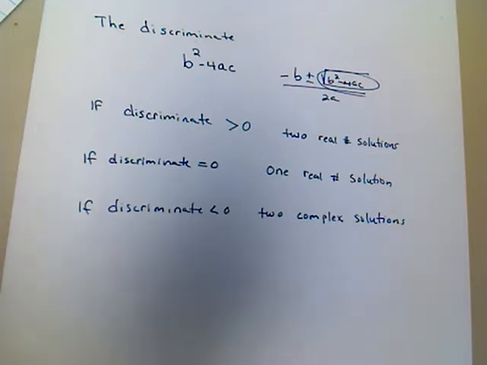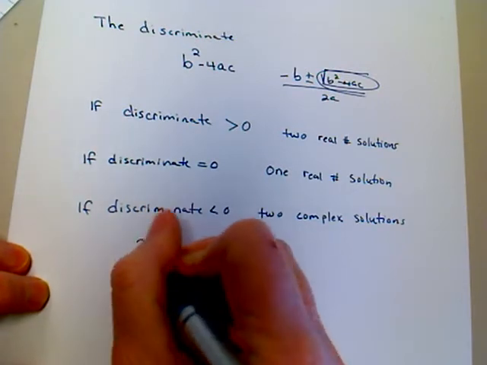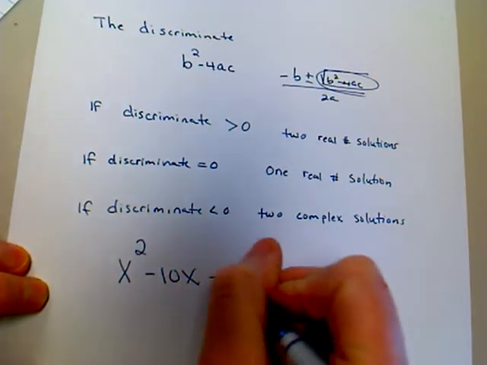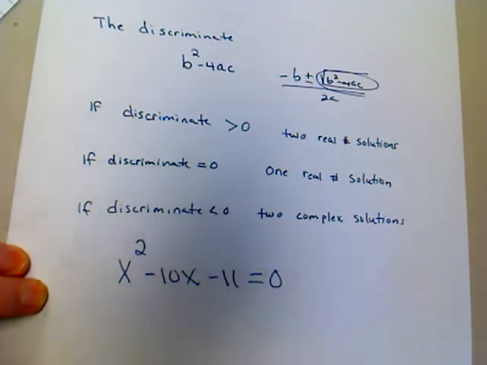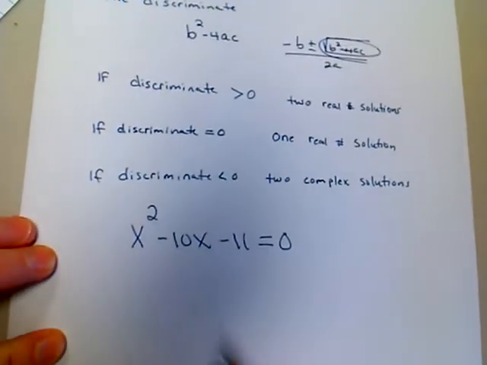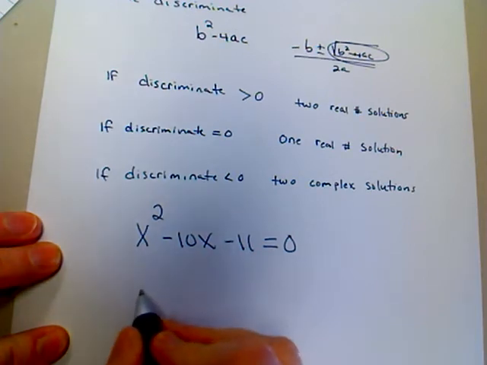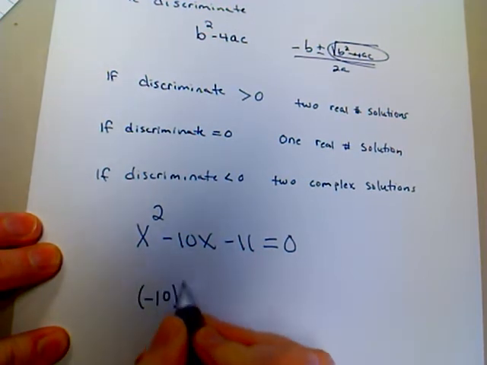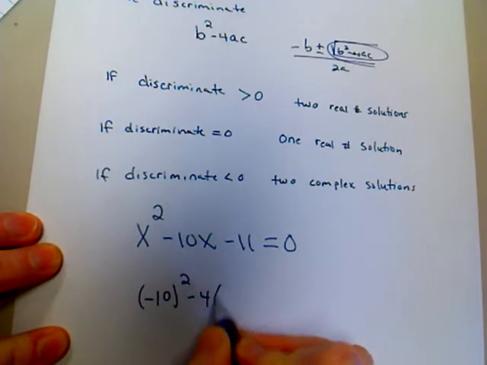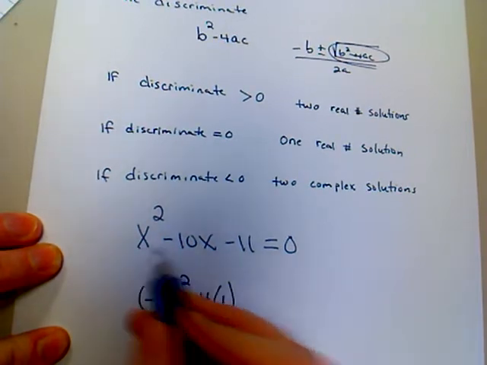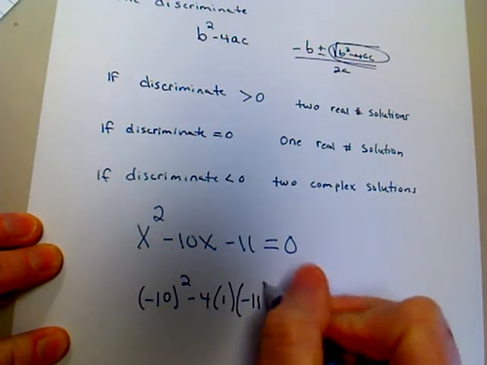So, for example, the discriminant for this problem is b squared, so negative 10 squared minus 4 times a, which was 1, times c.